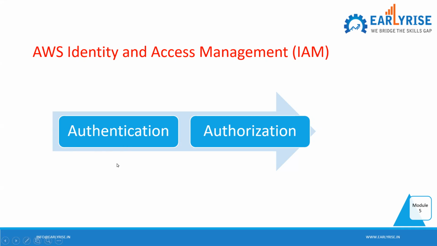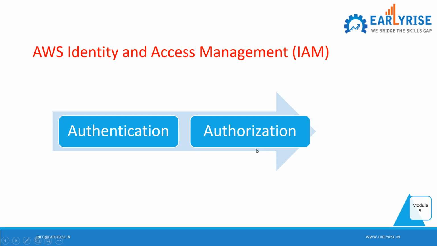Authentication is the process to verify who the user is. The user must be authenticated using some credentials. If you want to get access to any resource, the first thing is to get the authentication done. It needs to verify that this is the right user.